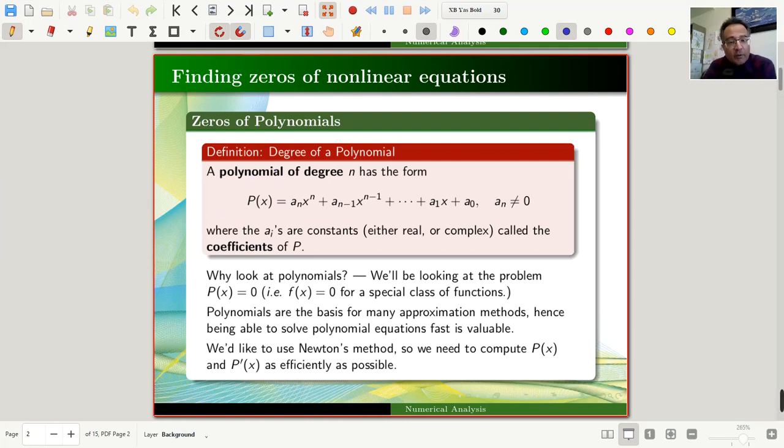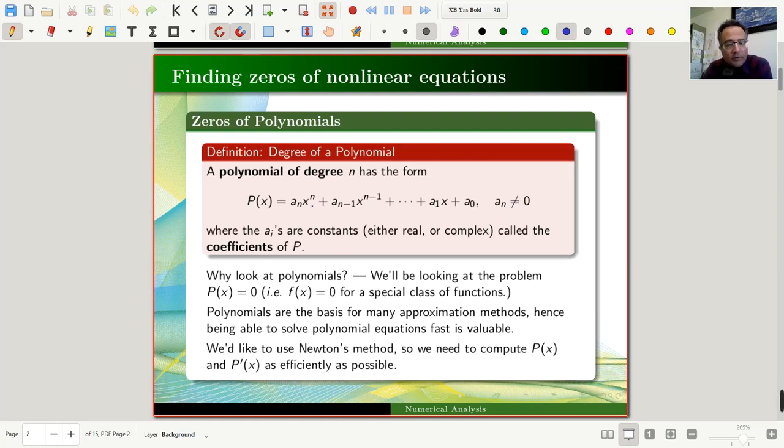You know that a polynomial of degree n has the form p of x equal to a_n x to the power of n plus a_(n-1) x to the power of n minus 1, and we continue in this shape until we arrive at a_1 x plus a_0, and we have to suppose that a_n is not equal to 0.